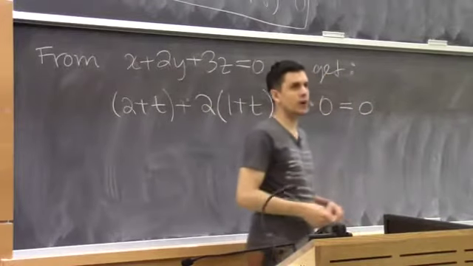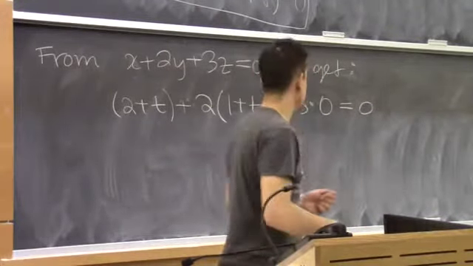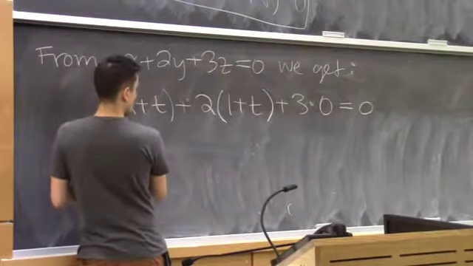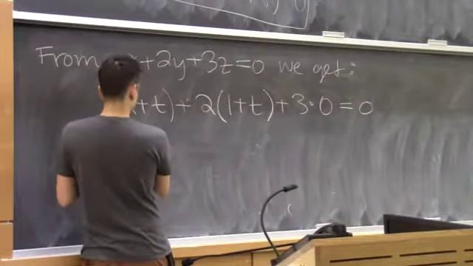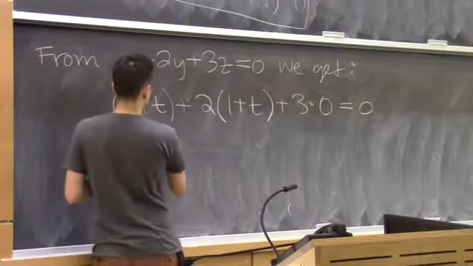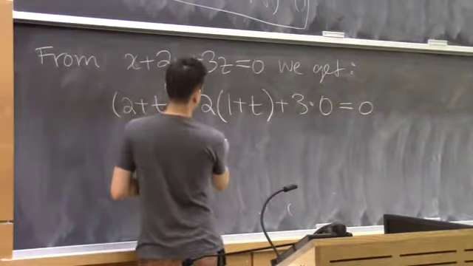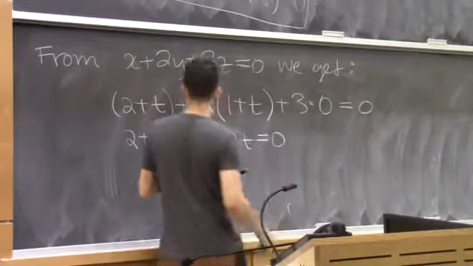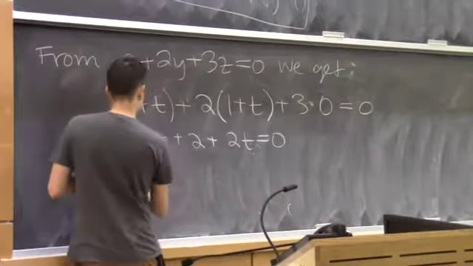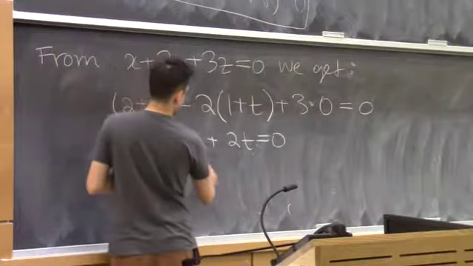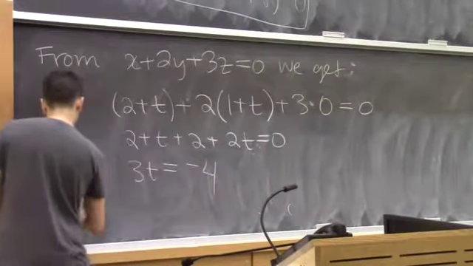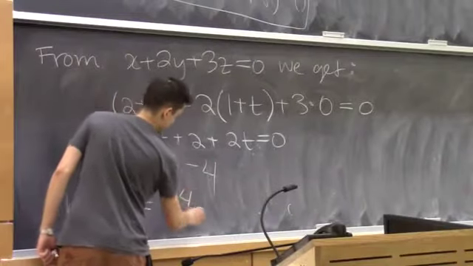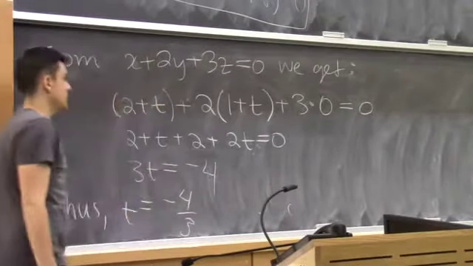Okay, so they'll meet where t satisfies this equation. So we get 2 plus t plus 2 plus 2t equals 0. So we get 3t is negative 4. So t is negative 4/3.